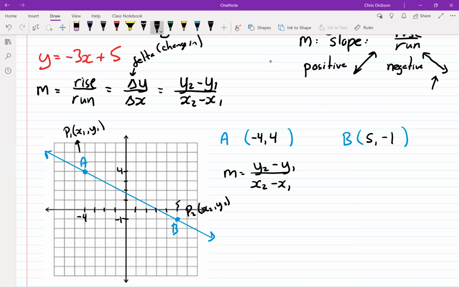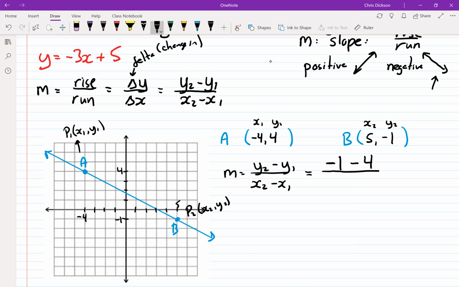So what I'm going to do now is take the numbers on the picture, and I'm going to say A is, that's x1, this is y1, this is x2, and that's y2. So according to the formula, I take y2, -1, and I minus y1, which is 4.